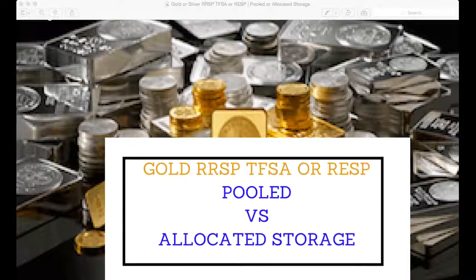For example, some companies charge a flat administration fee, while other companies charge a storage fee plus an insurance fee. So you have to make sure you educate yourself fully about what you are getting when you invest with a particular company and what the costs entailed are.